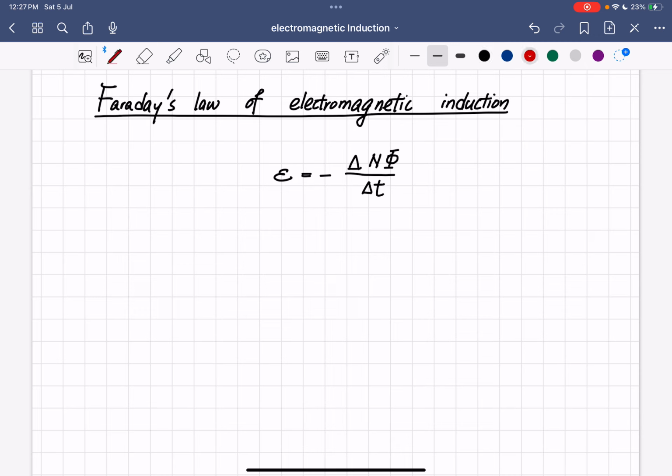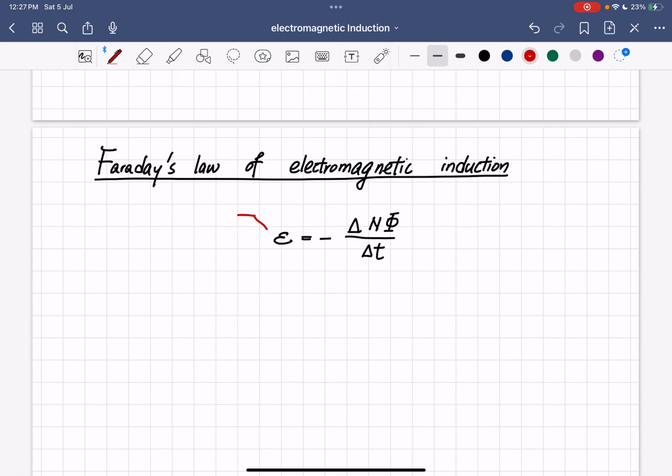Now what is this? First of all, this is our target. Remember, our main character is this, the EMF induced. This E is the EMF induced in a loop or in a circuit. And then on the right hand side, you have the rate of change of magnetic flux. Now what's going on?